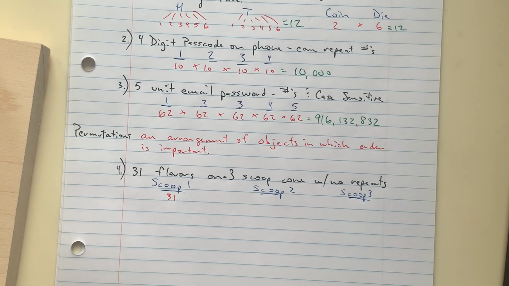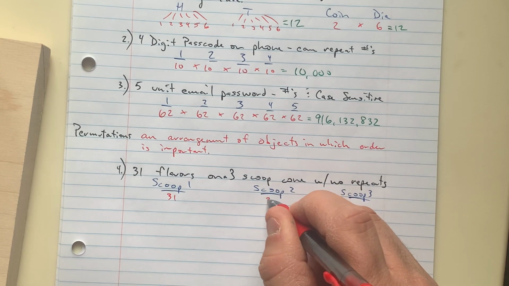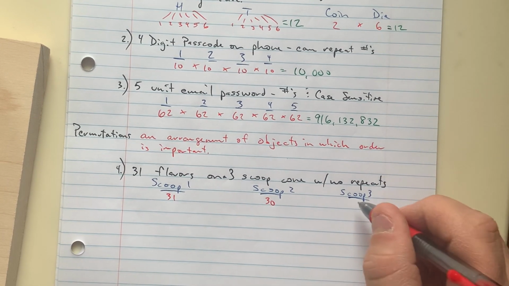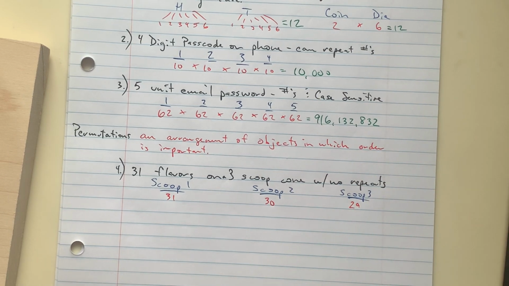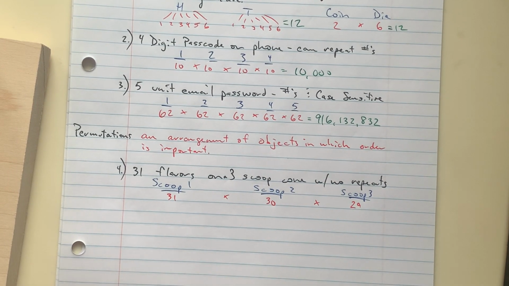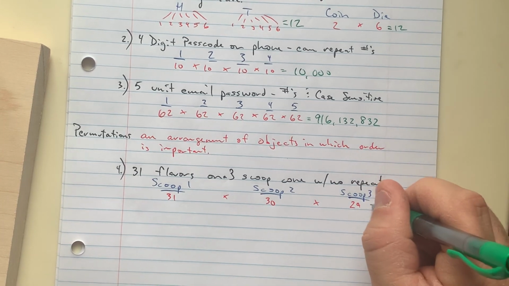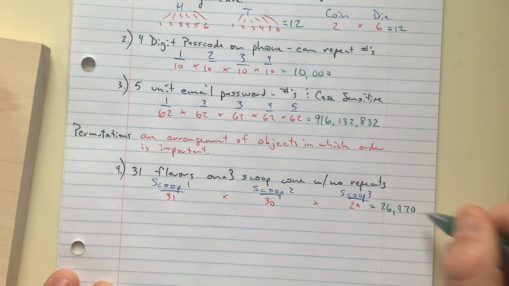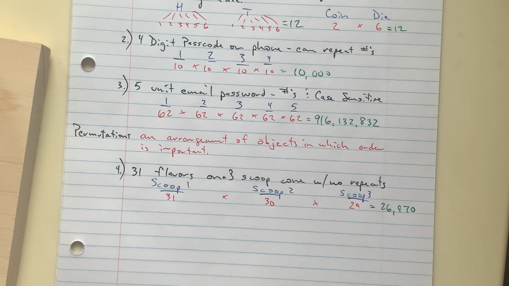But after I've put that one on, I can't use it again. So now I'm down to only 30 options for scoop 2. And now for the last one, I only have 29. So multiplying these all the way through, that gives me 26,970 options on my ice cream cone.